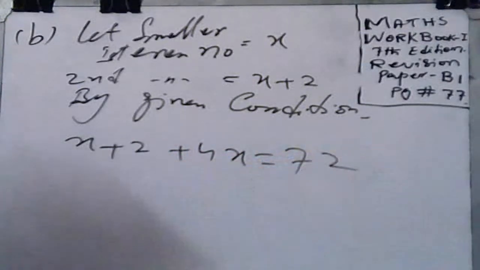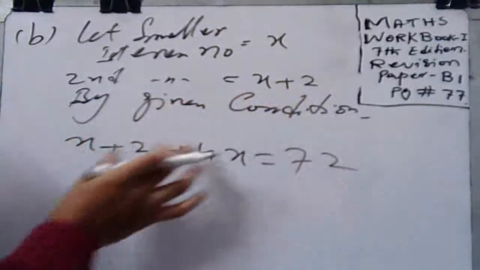If you read the statement carefully, it says the sum of the larger number and 4 times the smaller number. The second number is the larger, then again 4 times the smaller. So this is your given condition.